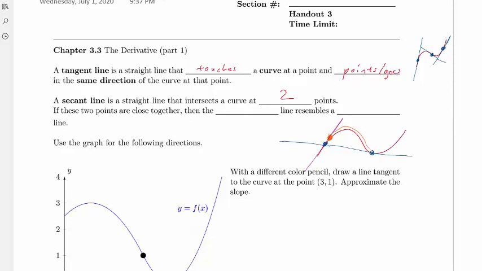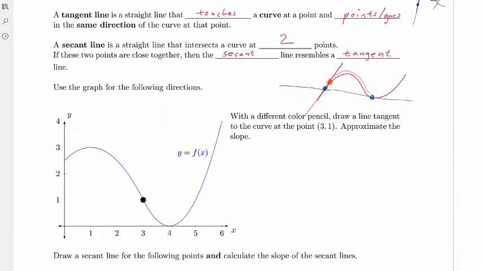And so we can say that if these 2 points are close together, then the secant line resembles a tangent line. Right? That's how that works. We can use a secant line to approximate a tangent line so long as the 2 points are sufficiently close together.